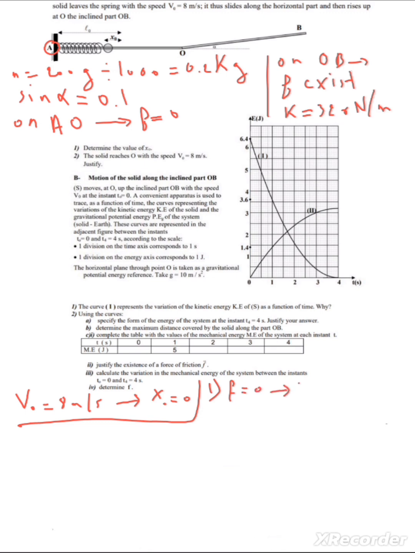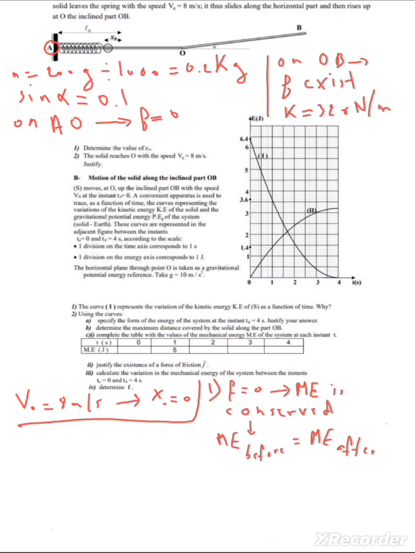Then, mechanical energy is conserved. Then ME before equals ME after.